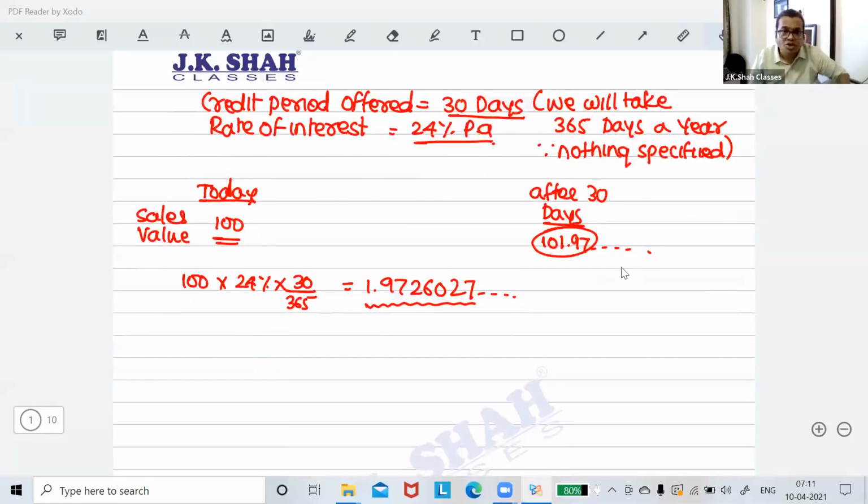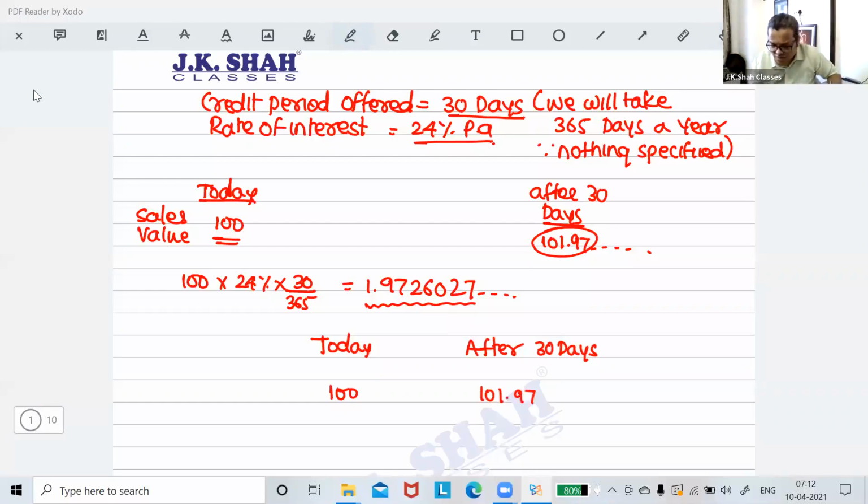So this is what is payable after 30 days: 101.97 and so on. So what we can say is that today 100 rupees, after 30 days, has become 101.97 and so on.